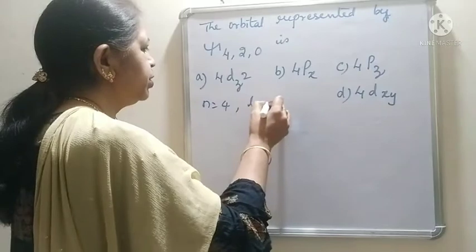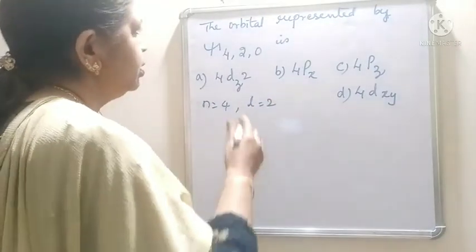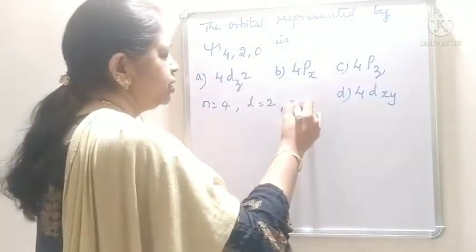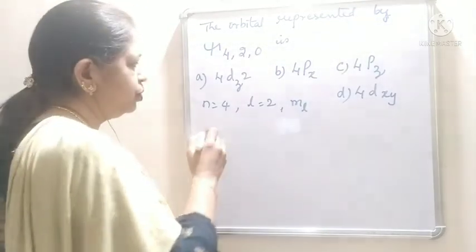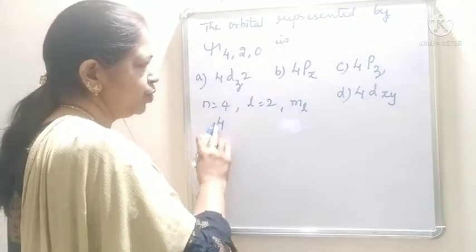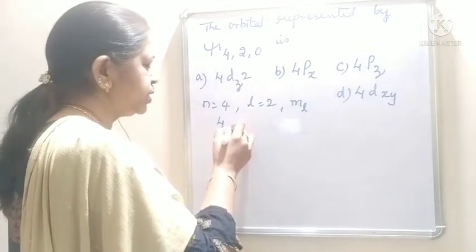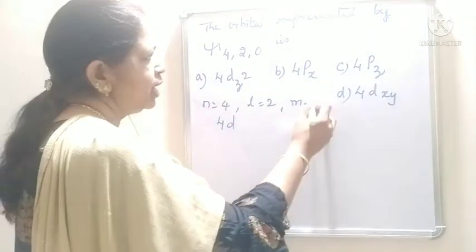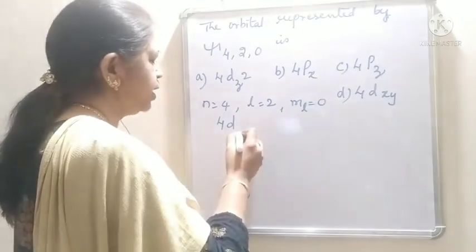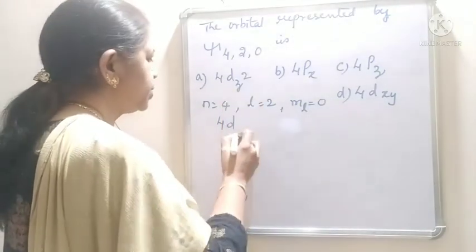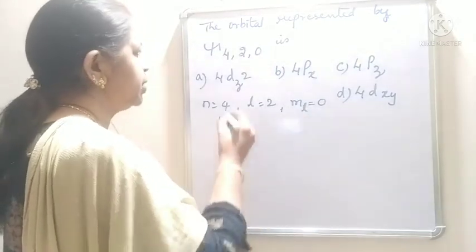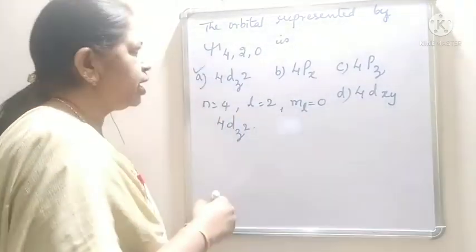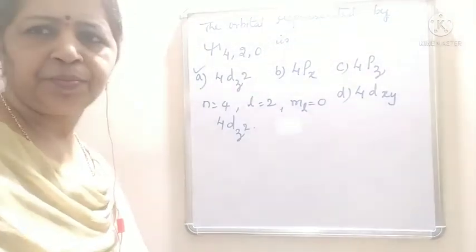So, L is equal to 2 and 0 represents the ml value of that orbital. Now, L is equal to 2 means it is a d orbital, ml value 0 means it is d z square orbital. For z square orbital ml value is 0. So, the answer is A for this question.